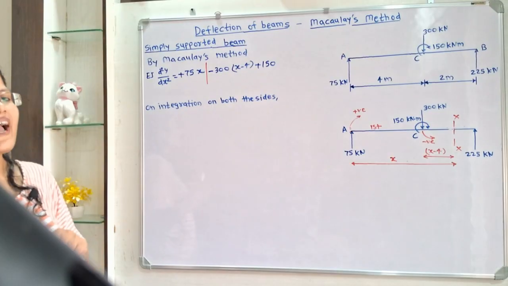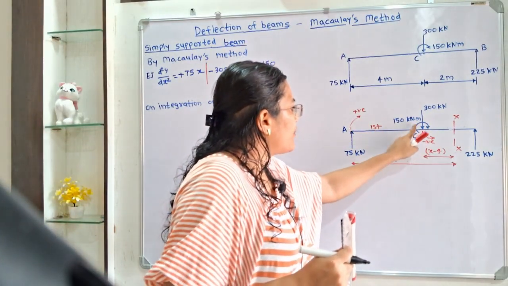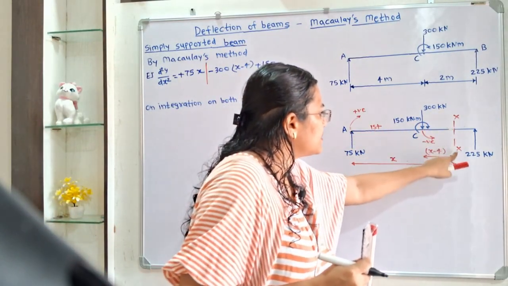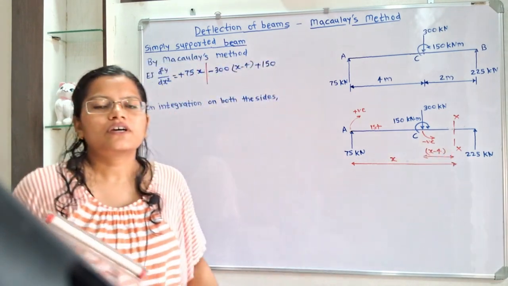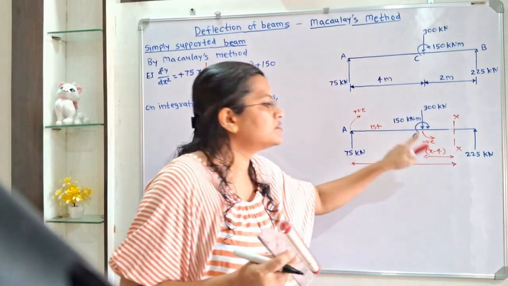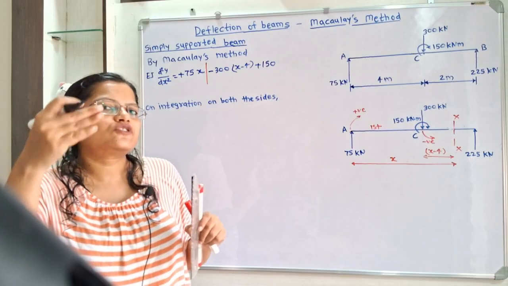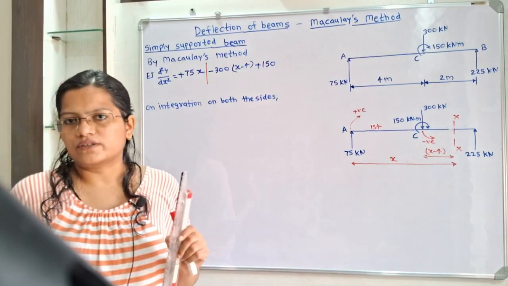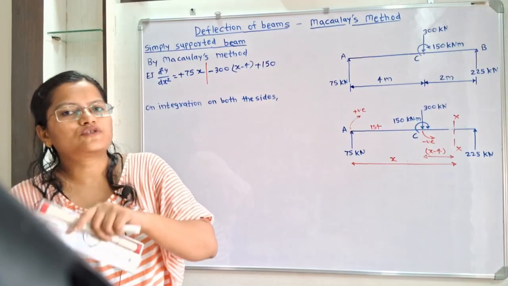Now we also have to consider the distance between this moment at point C and the section XX. So it is x minus 4, but since this moment is given, this distance must be equal to 1. Anything raised to 0 is equal to 1. We know this rule: any term raised to 0.